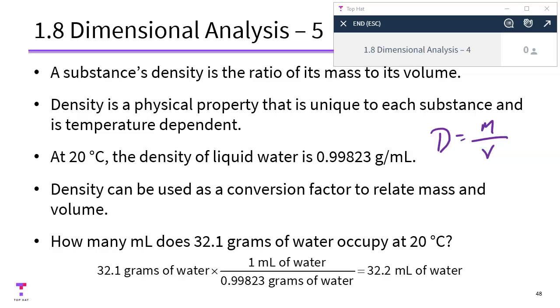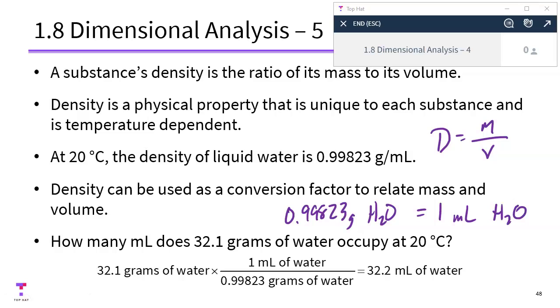So the density of water, 0.99823 grams per milliliter. We can think of that as an equivalency. For water at 20 degrees Celsius, 0.99823 grams of water is equal to 1 milliliter of water.